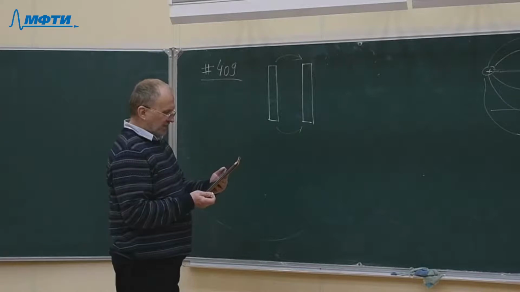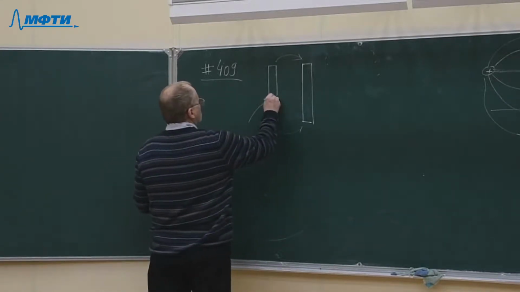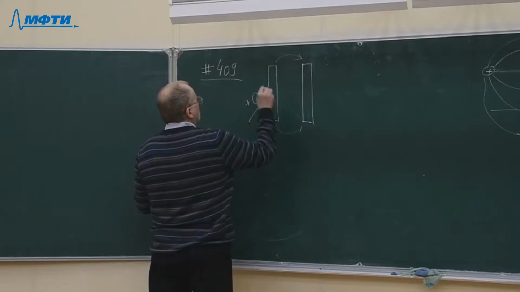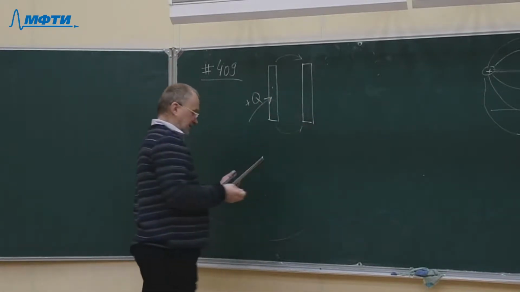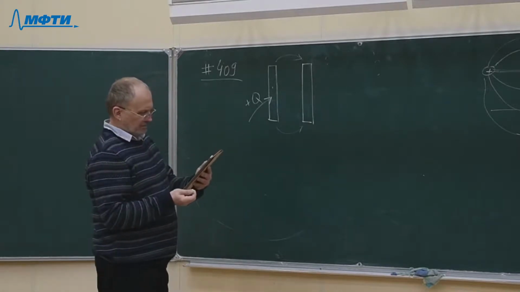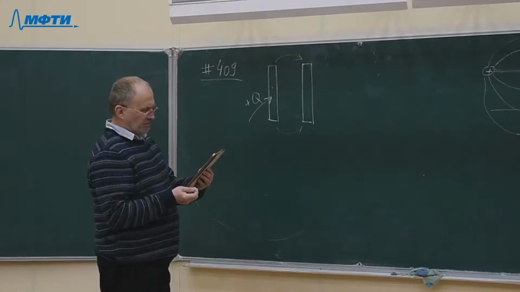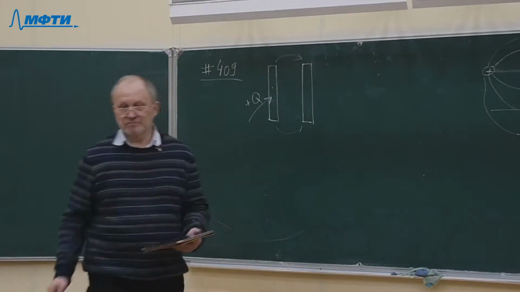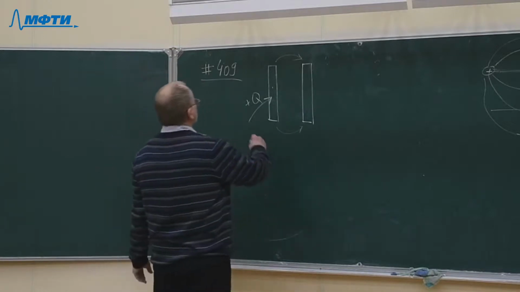One of the plates is given a charge plus Q. So we put charge plus Q here on this plate. And we do nothing with the second plate. What are the charges induced on the surfaces of the other plate?